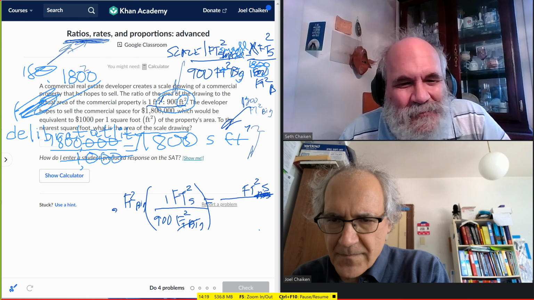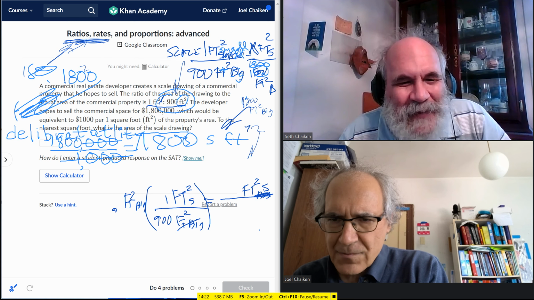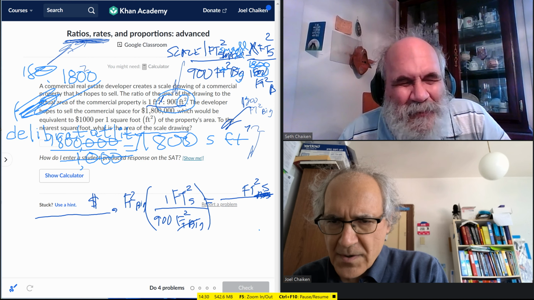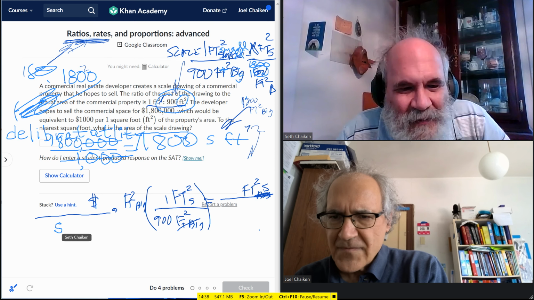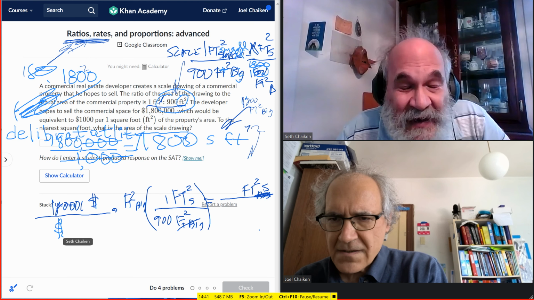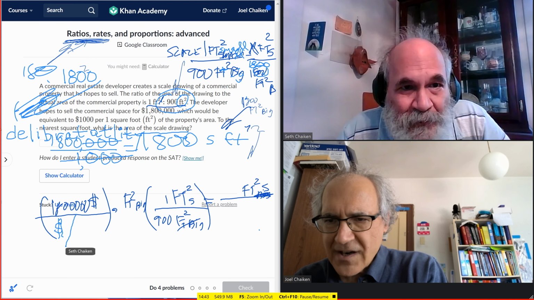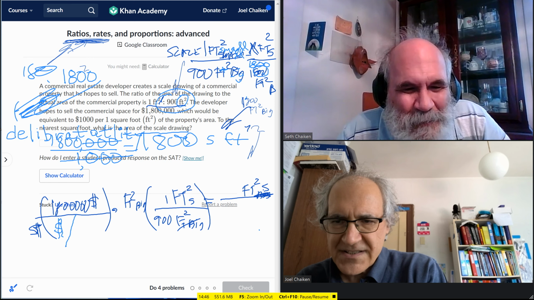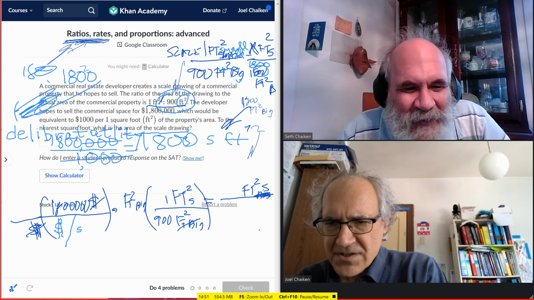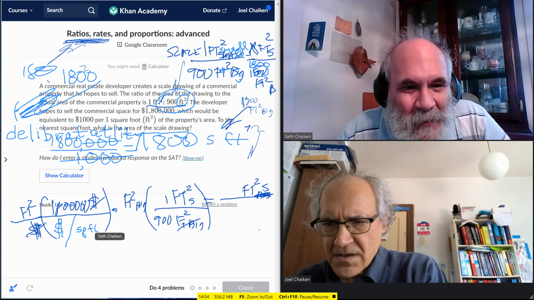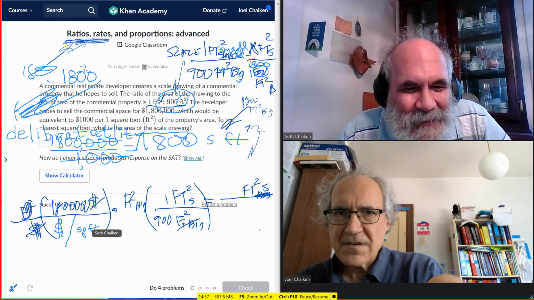Feet squared big, isn't that equal to dollars per... no, dollars, which we know is 1,800,000. Now, we want to put dollars in here. No, let's do it this way. Let's put the dollars in the denominator so we don't have to use complex fractions.